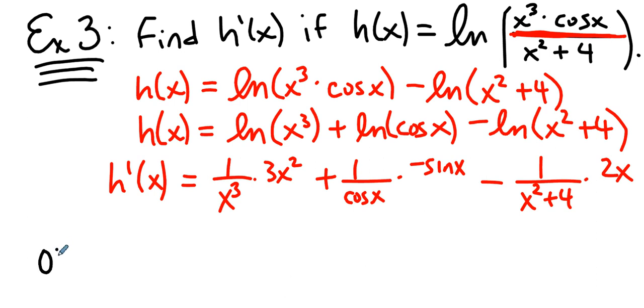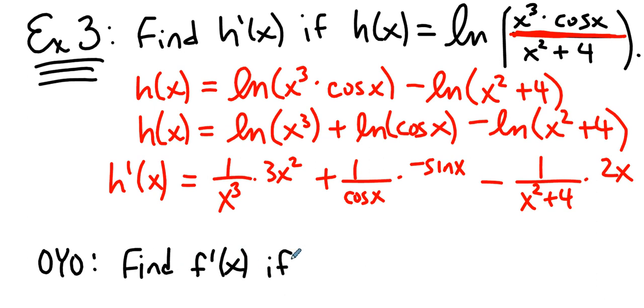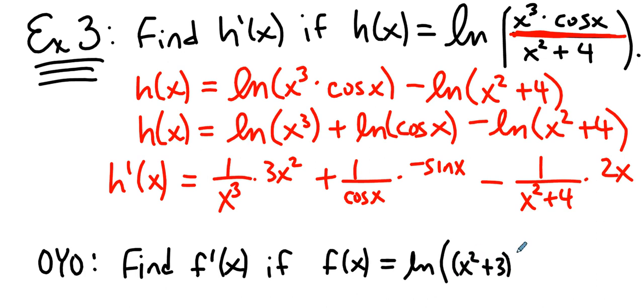It is worth you trying. Find f prime if f of x is the natural log of (x squared plus 3) to the 5th. It's worth giving that a go. It's worth pausing the video to do that.